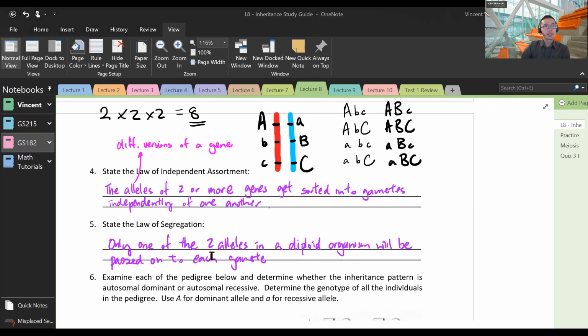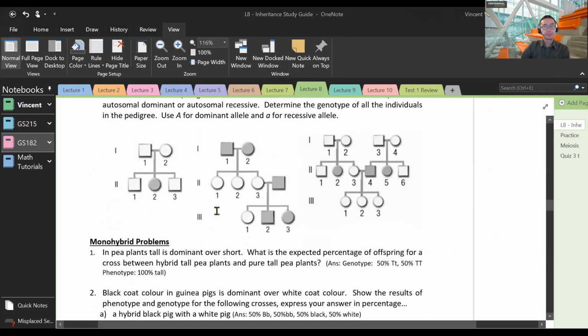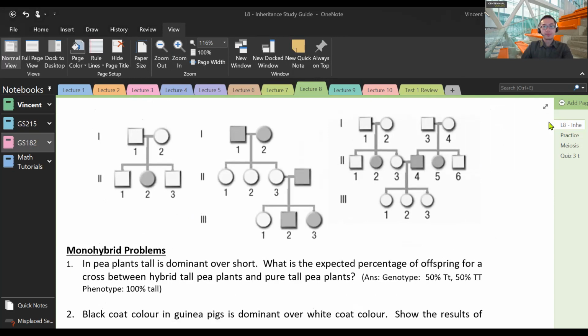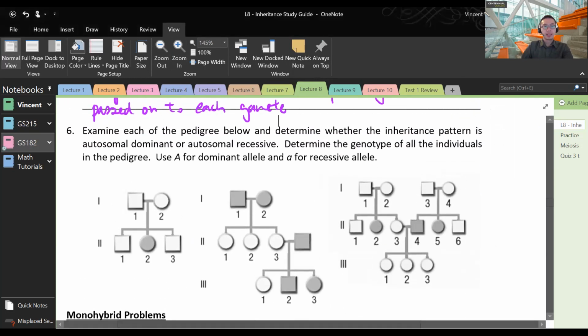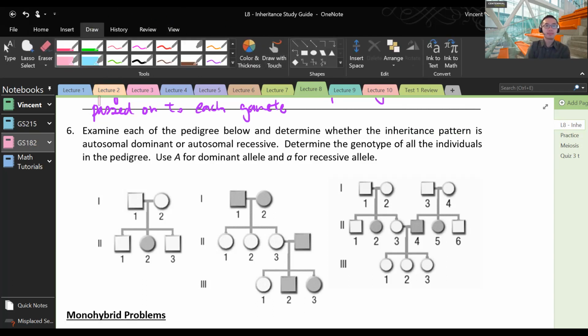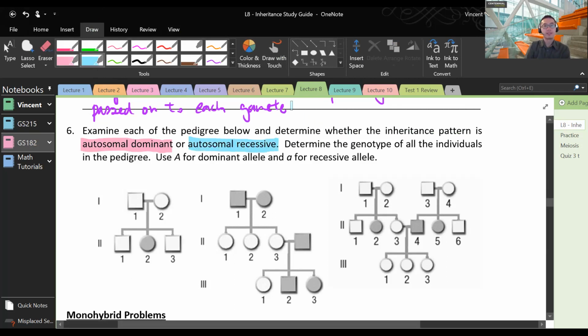All right, next question is a little bit tough, but let's try to do this. Okay. Examine each of the pedigrees. Pedigrees are these family trees, right? Okay. And determine whether the inheritance pattern is autosomal dominant or autosomal recessive.